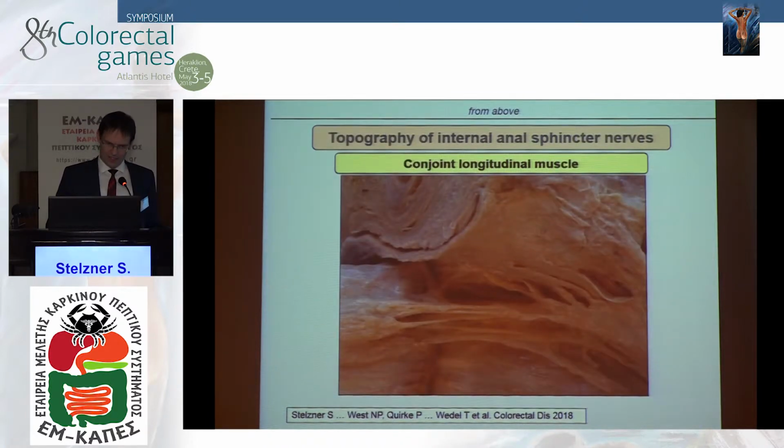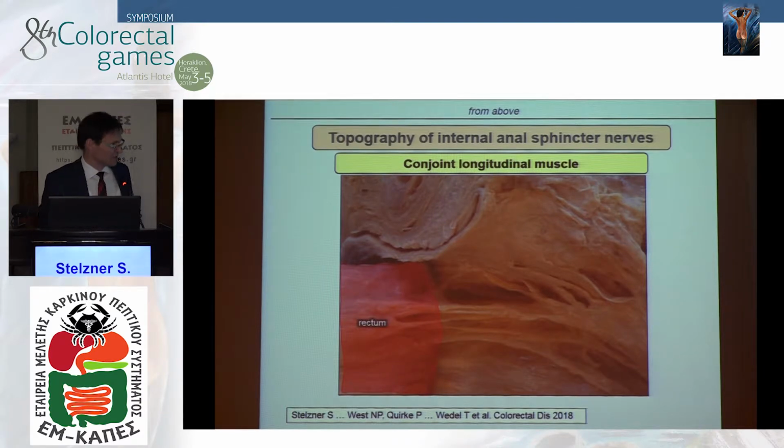So we could at least characterize nerve fibers that derive from the neurovascular bundle. In anterior direction, there's the cavernous nerve, and to the medial direction, there are nerves towards the internal anal sphincter. And to relate it to surrounding structures, you have got the rectum there.